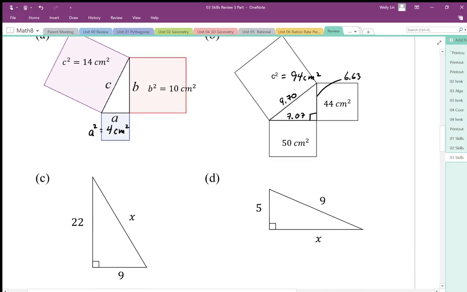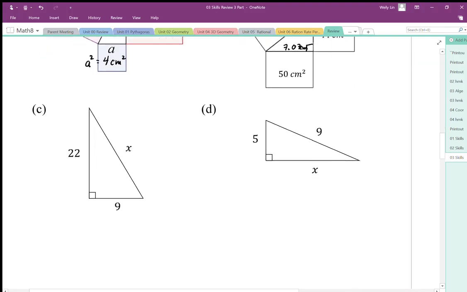Okay, so this is centimeters, and this is centimeters. And the relationship is between the three areas though. So how do we do this when we're trying to find out the side length? Well, we can use the Pythagorean relationship by saying the square area here is going to be 81.